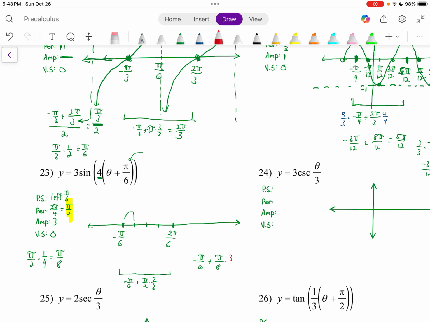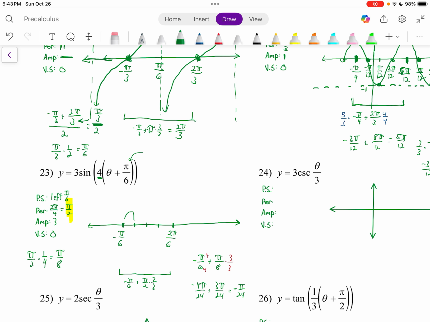So this needs a 3 over 3, and this one needs a 4 over 4. So this turns out to be negative 4 pi over 24 plus 3 pi over 24 gives us negative pi over 24.